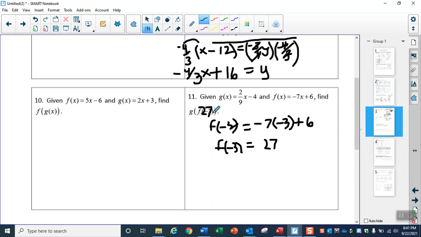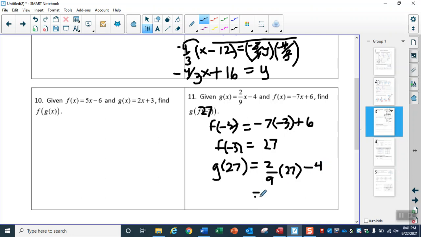So I'm going to put 27 into g. So I'm going to do g of 27 equals, and then I'm going to write g. So that would be 2/9. But instead of x, I'm going to put in 27 minus 4.